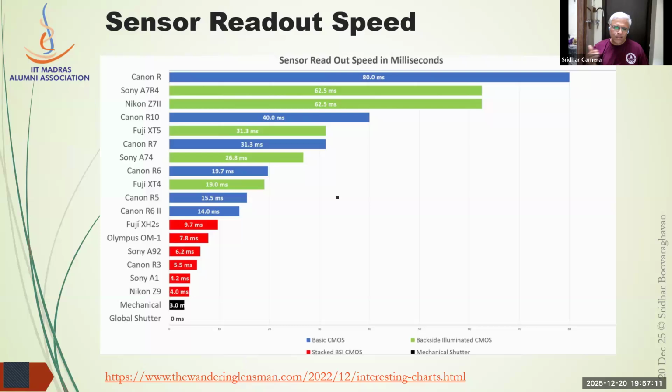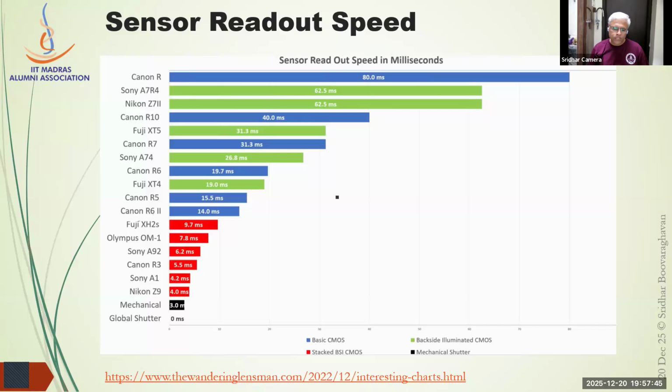And that is why professional cameras that you see below that, for example, Sony A1 or Sony A9 II, you look at the time that it takes to read out the same 61 megapixels in the case of Sony A9 II, 6.2 milliseconds, right? Much, much smaller. That is because they are using a new technology called stacked sensor, and stacked sensor cameras are much, much faster.